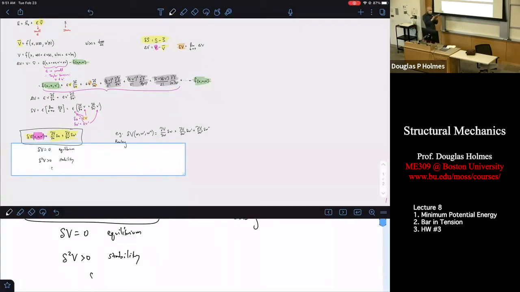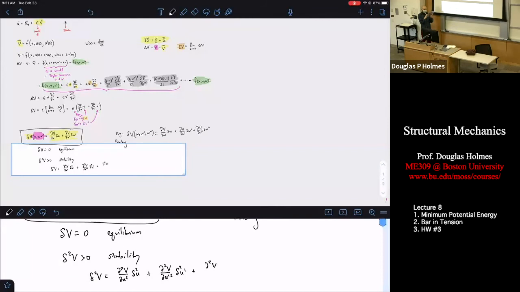The second variation looks like this. Second derivative of v with respect to u, plus second derivative of u prime, and then I think you'll have a cross term.